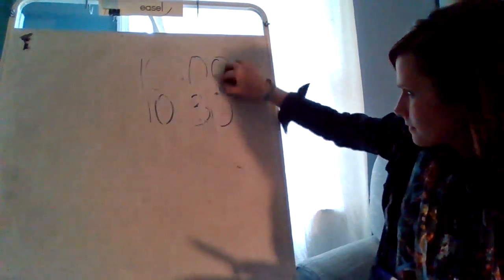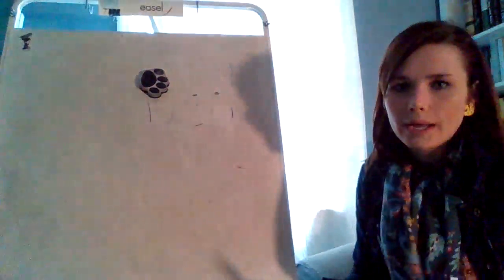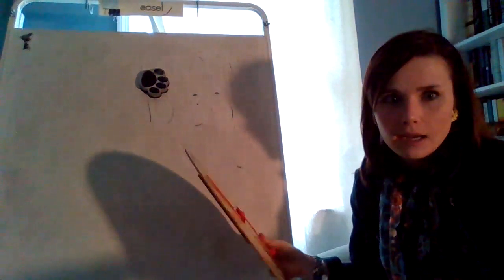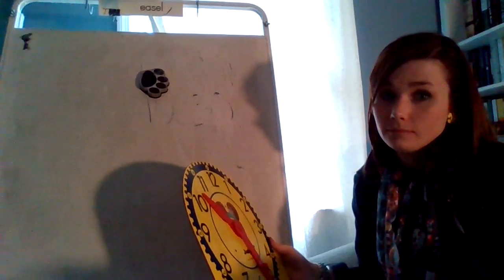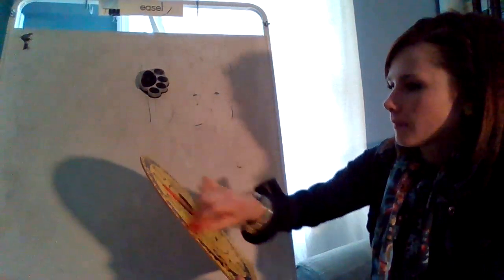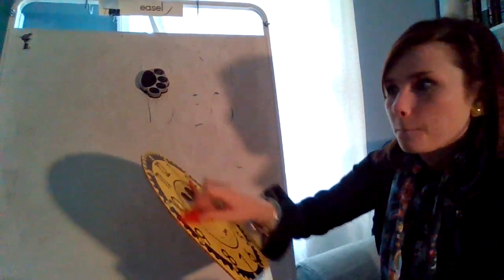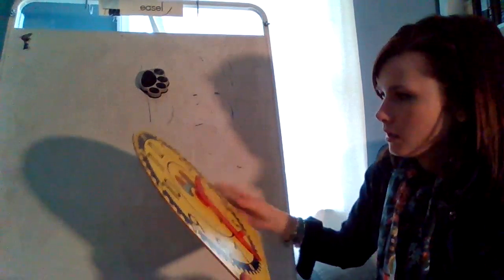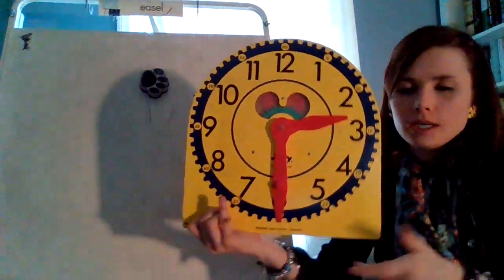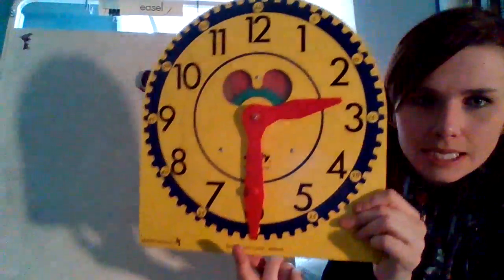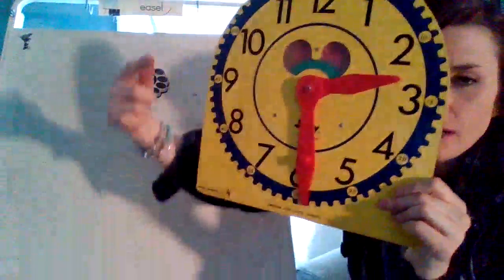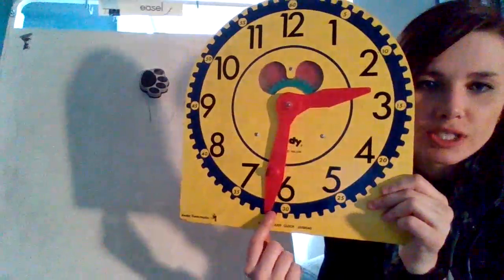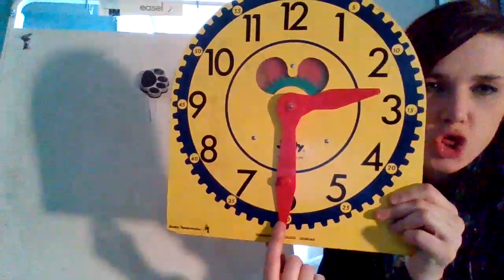All right, let's try another one. Ready? Get ready. Okay. Look at where that minute hand is. It's down on the 6. When it's halfway around that circle, we know it's 30.